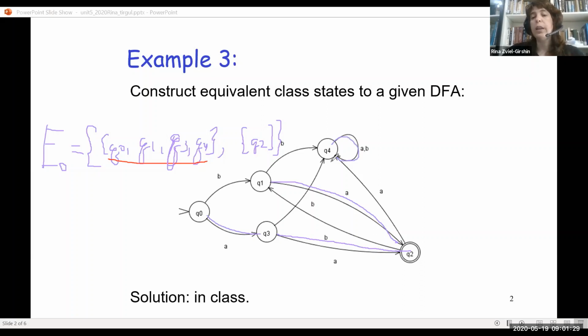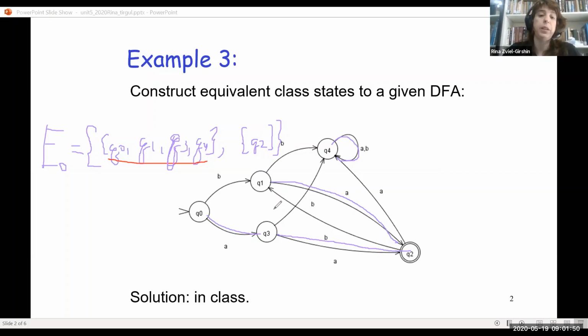So I already see that I can separate Q1, Q3 from Q0, Q4. But I only checked the input A. Maybe if I check an additional input letter like B, I will find an additional separation.